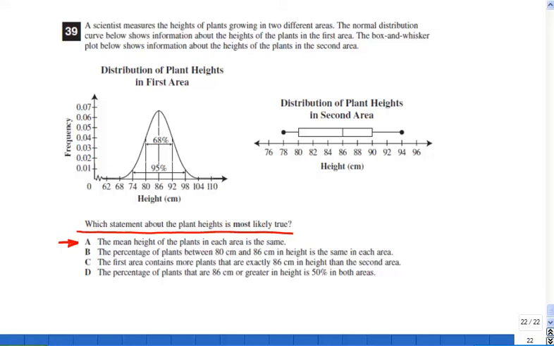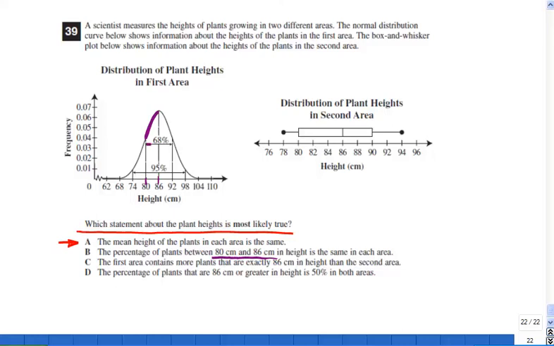The percentage of plants between 80 centimeters and 86 centimeters in height is the same in each area. So I'm looking for heights between 80 and 86. And on the first curve, 80 and 86 will be this part of the normal distribution, right?